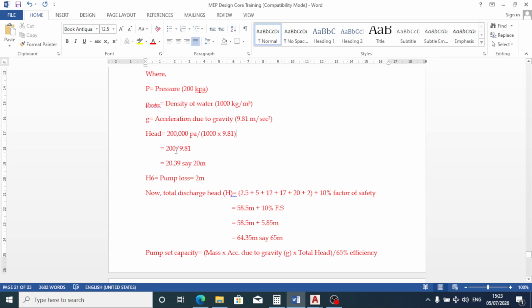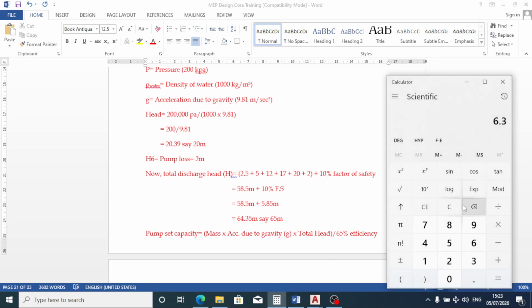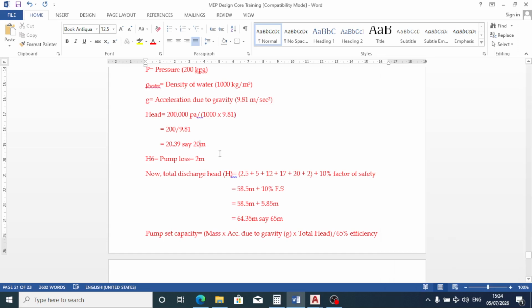After doing this, we can recalculate, but it's still the same value we will arrive at. 200 divided by 9.81, so 20.39. So say 20, no, let's say 21. So that is that for our H5. Our H6 is pump loss, which is 2 meters.